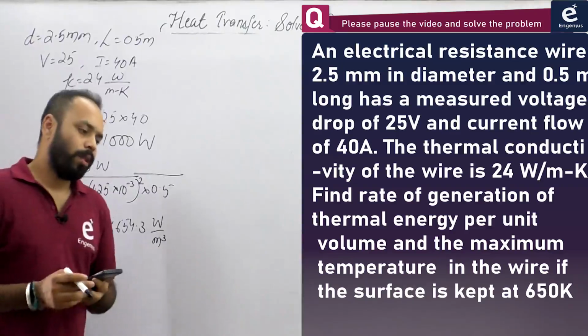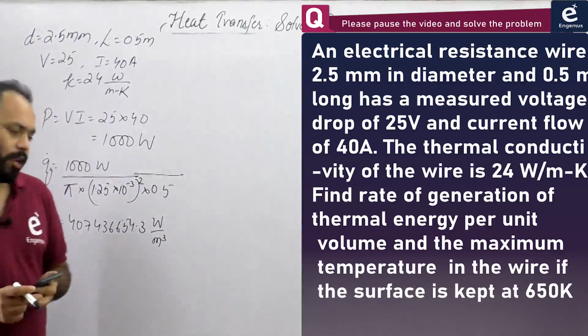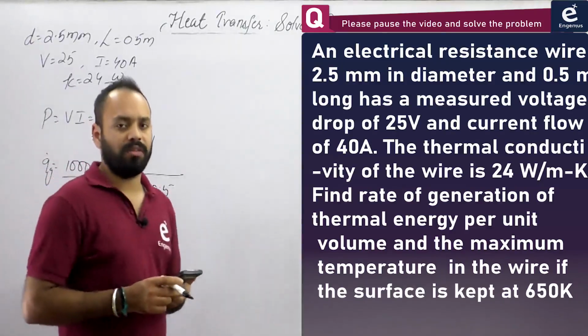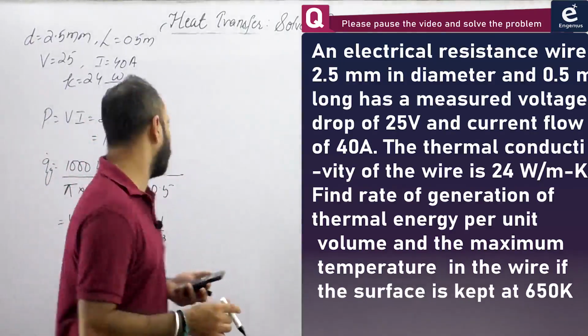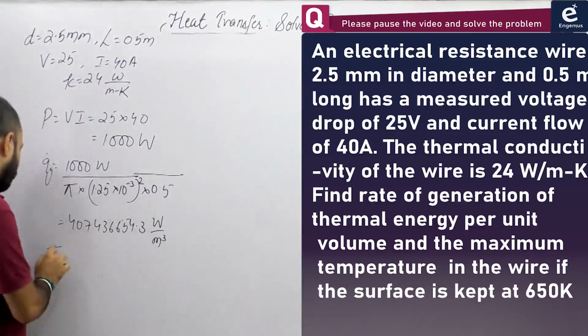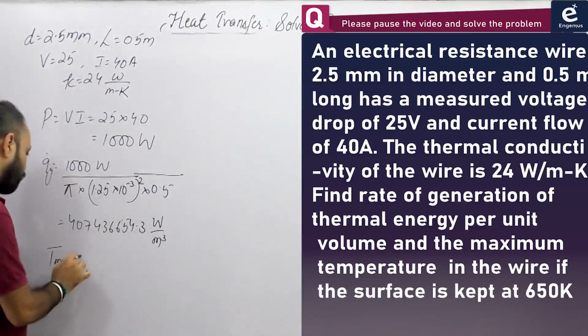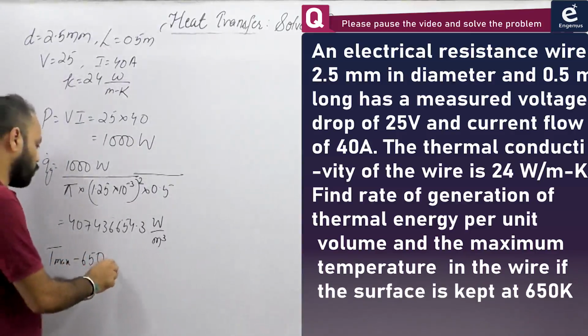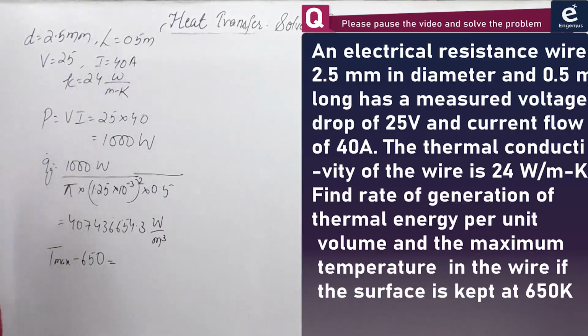The question is now the maximum temperature in the wire if the surface temperature is kept at 650 Kelvin. So surface temperature is given to you, maximum temperature is asked, so which formula can be applied? That is Tmax minus 650 Kelvin, the surface temperature, is equal to Qg multiplied by R square by 4K, right?